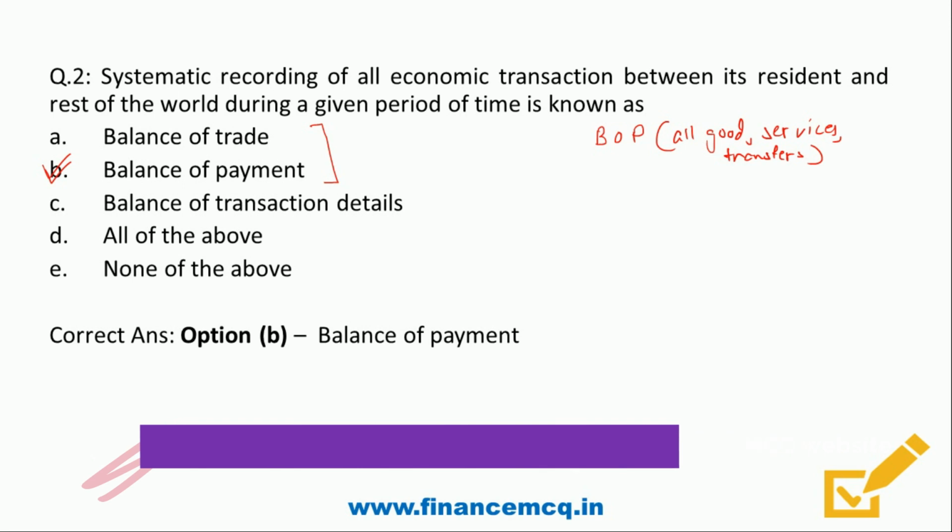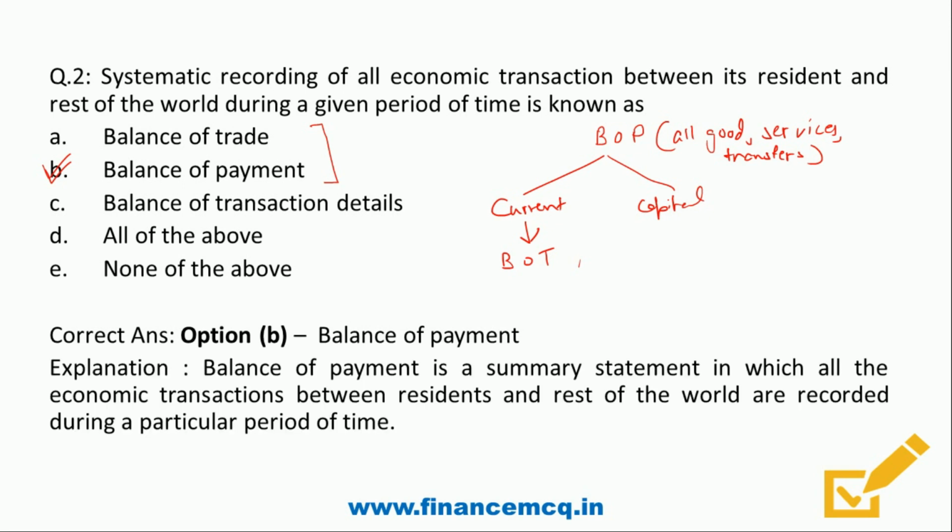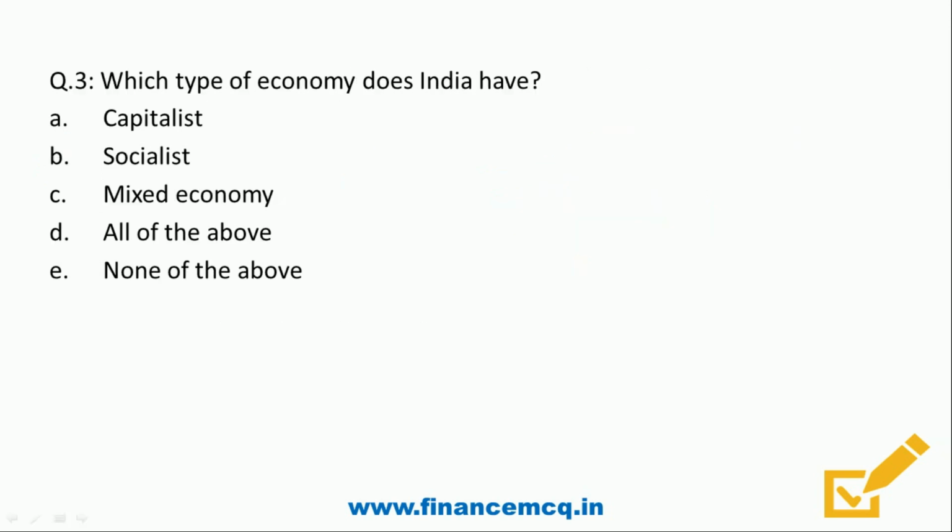And under balance of payment you have two types of account: current account and capital account. Under the current account you will have balance of trade. So balance of trade is a part of the current account transactions of the balance of payment. So do keep this in mind. I hope it is clear. Now let's move on to the next question.